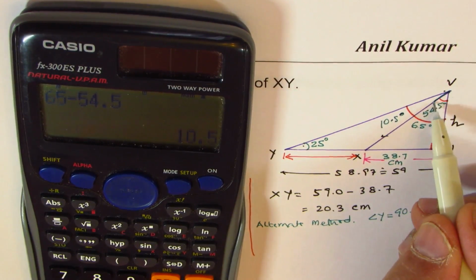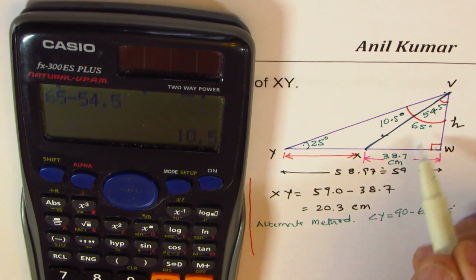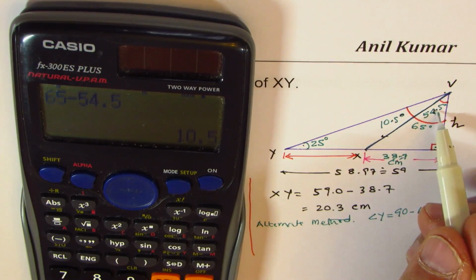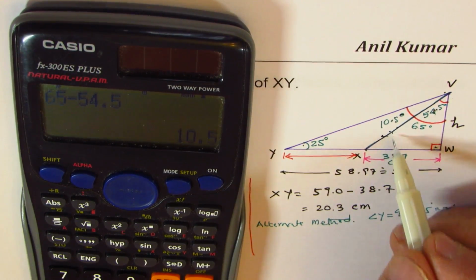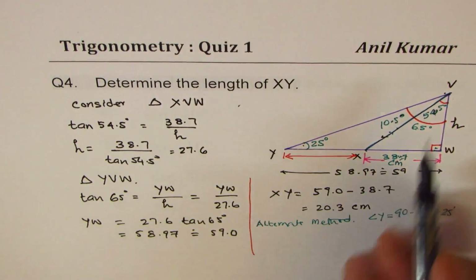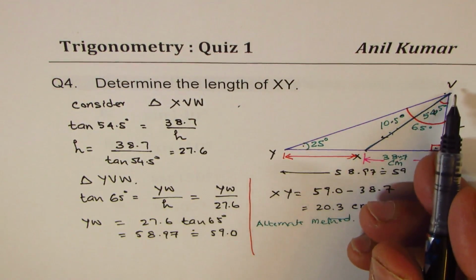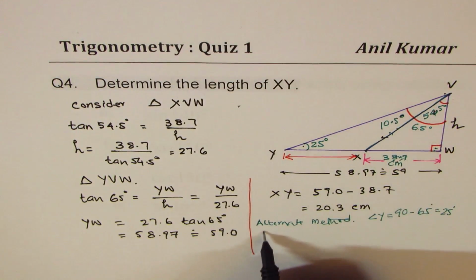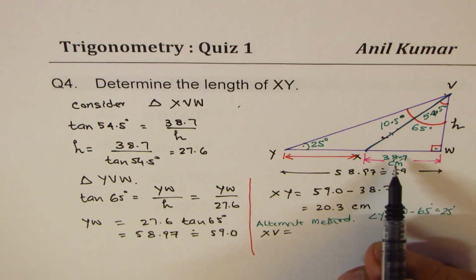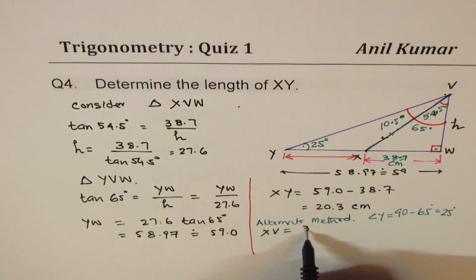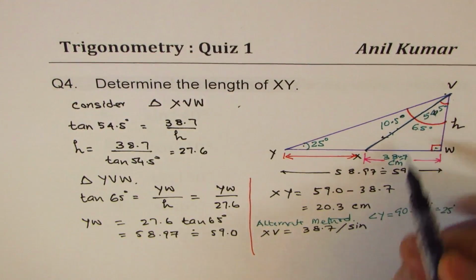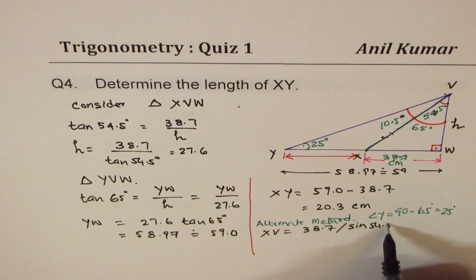Now if I find this side, which I can because I know this side, and this is a right triangle, so I could use sine. This is opposite, so sine of 54.5. Let me write down. So we know XV is equal to, we can always write this as 38.7 divided by sine of this angle 54.5.